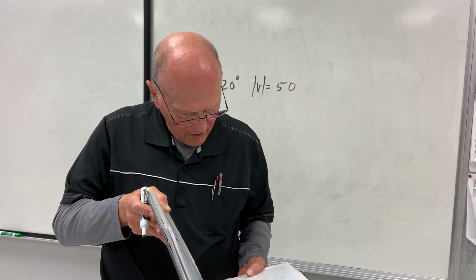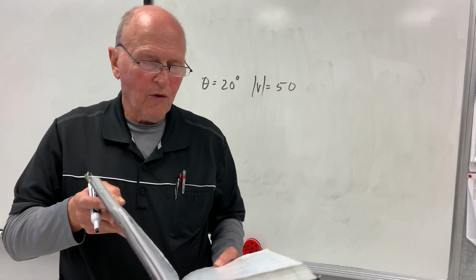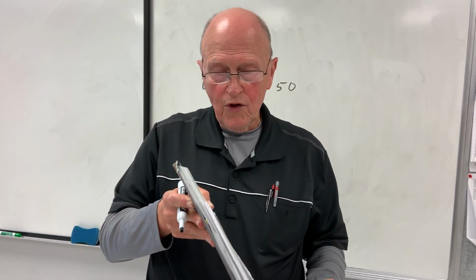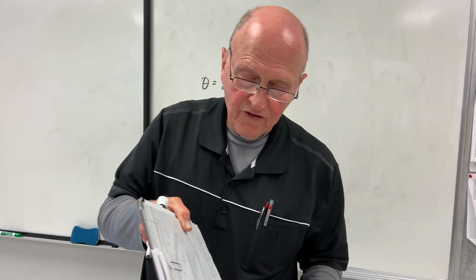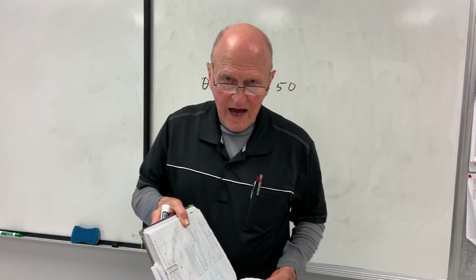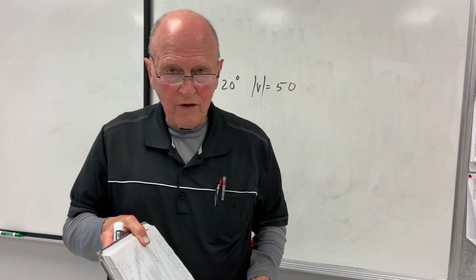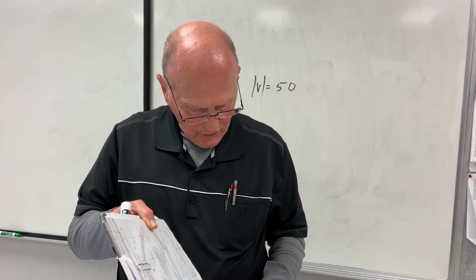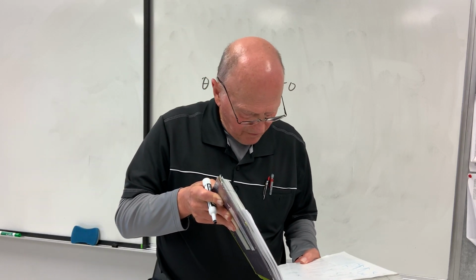Find the magnitudes of the horizontal and vertical components. In other words, the X and Y components. When we were covering this in our comp class, we referred to it as X and Y components instead of horizontal and vertical. Of course, we know that horizontal is X and vertical is Y, so it means the same thing.